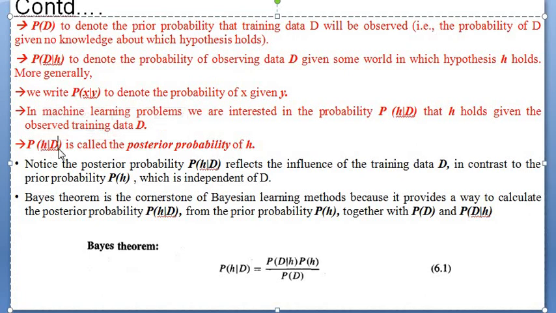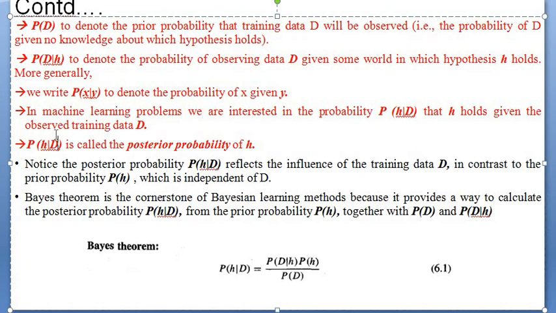Before that we cannot calculate it. Once the data is given to you, then we can see which hypothesis is giving the best result. Hence it is called posterior. Posterior means afterwards. Before giving the data it is not possible.